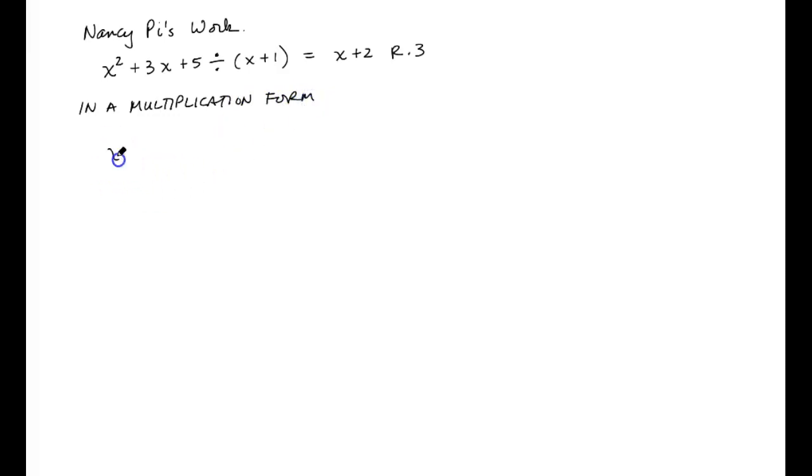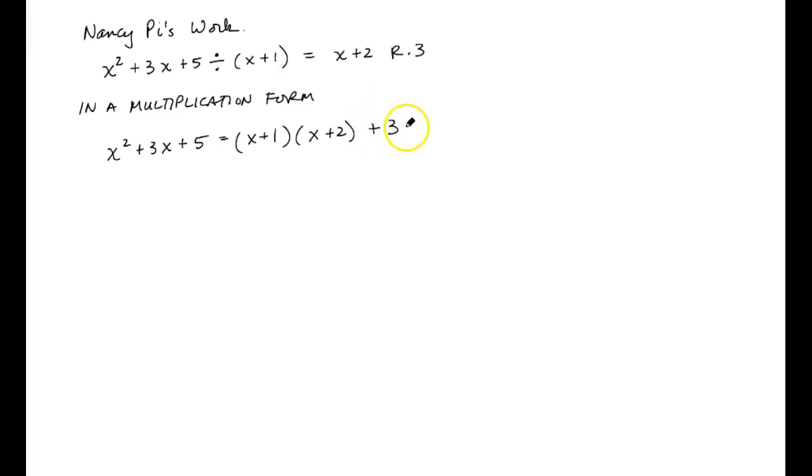And so we would say that x squared plus 3x plus 5, that's our dividend, is equal to x plus 1, that's our divisor. Our quotient was x plus 2, and then plus the remainder.